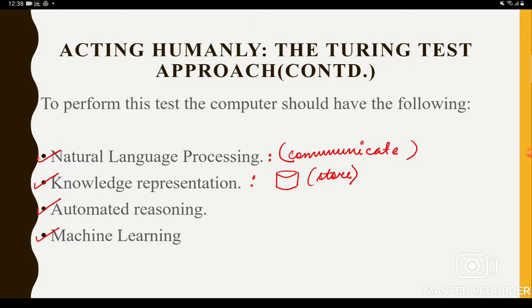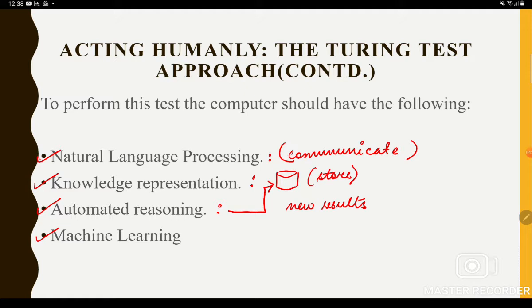Then it should also be equipped with automated reasoning, by which the computer will make use of the stored information to answer questions and draw new conclusions. So new results would be generated using this automated reasoning.